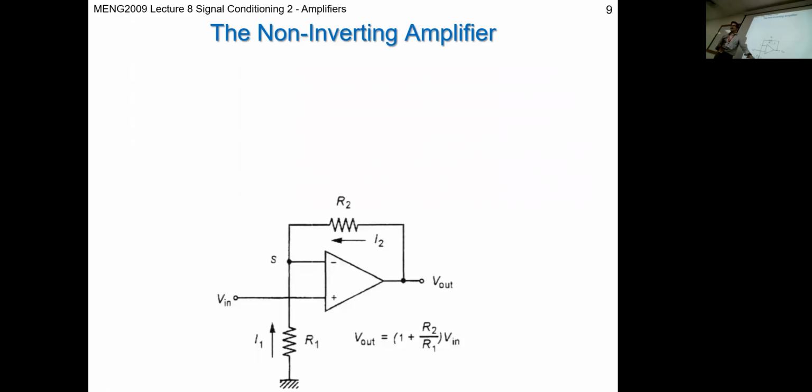So what rule are we going to use to determine the voltage at this point here? Potential divider rule, right? So if we want to create an expression, we can say that V at this point called S on the diagram is going to be R2 over R1 plus R2 times V out.